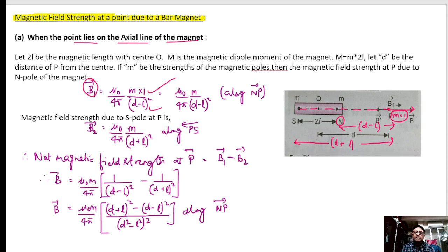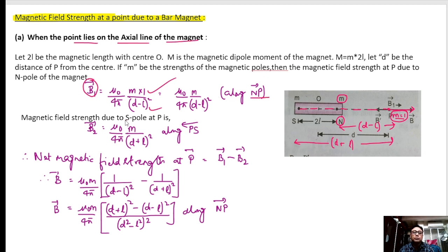So as you can see, friends, due to the north pole, the magnetic field at P is mu0 by 4 pi M into 1, because this is M and here is 1, and the distance is D minus L whole square. So it will be along NP because it is a north pole.